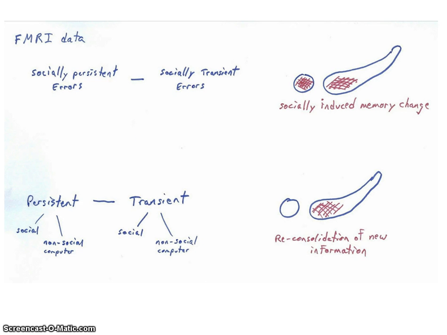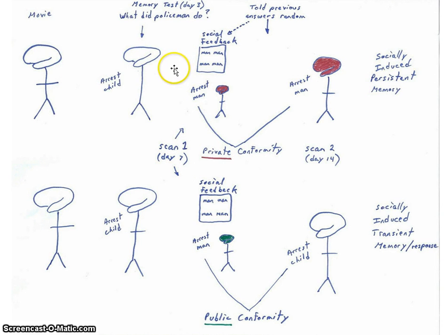To give an example of what that would mean, it would be back to our cartoon here. So these folks here are changing their answer, right? They responded child first, then the social feedback, they're saying man, so they're saying the false answer here, and they maintain that error, right? So that would be socially persistent error.